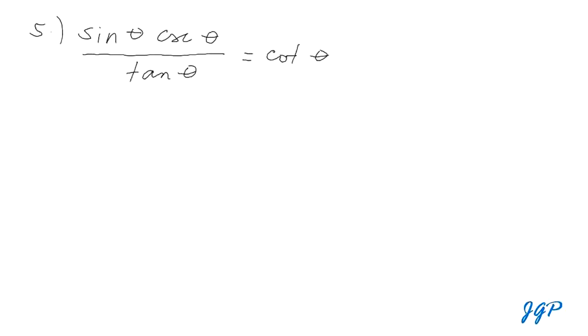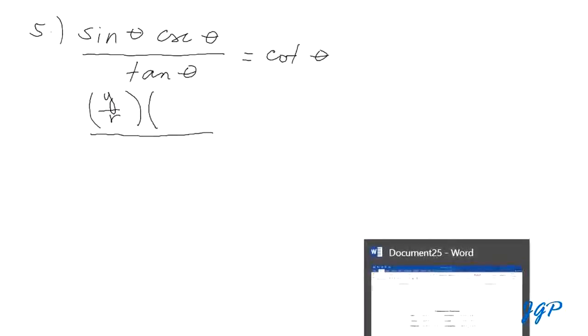Number 5, sine theta times cosecant theta over tangent theta is equal to cotangent theta. If you will observe, simple ang ating nasa right side, so we will remain this one. And let's change the left side of our equation. Doon muna tayo sa numerator. We have the sine theta, this one is y over r, and then let's multiply to the value of the cosecant theta.